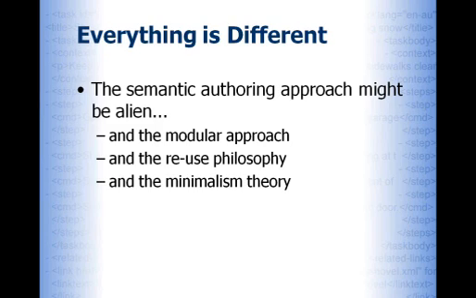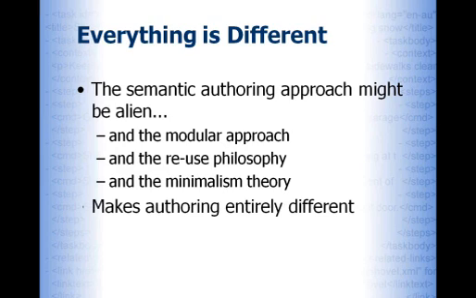The modular approach, being able to write topics as standalone topics without any regard to what document they're going to be published in, is probably going to be a bit alien. The idea of reuse might be alien, and some of the other parts of the DITA philosophy, such as minimalism, might also be alien. So that's what makes authoring quite different in a DITA environment.